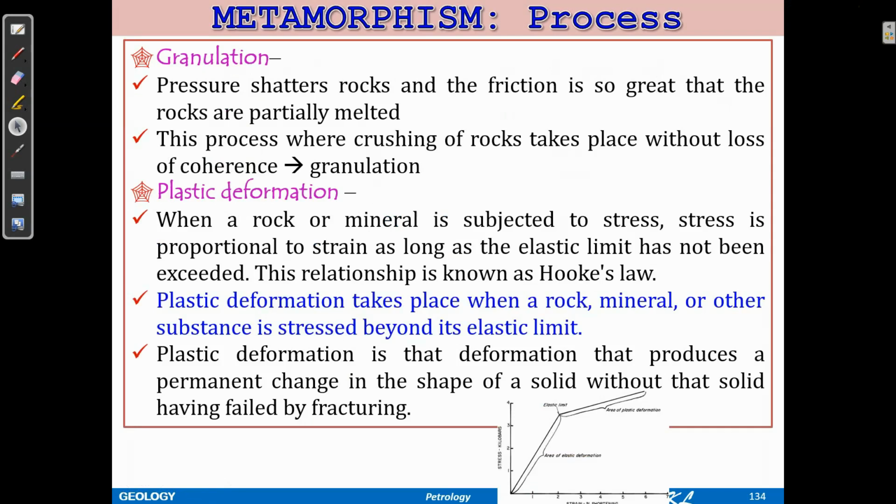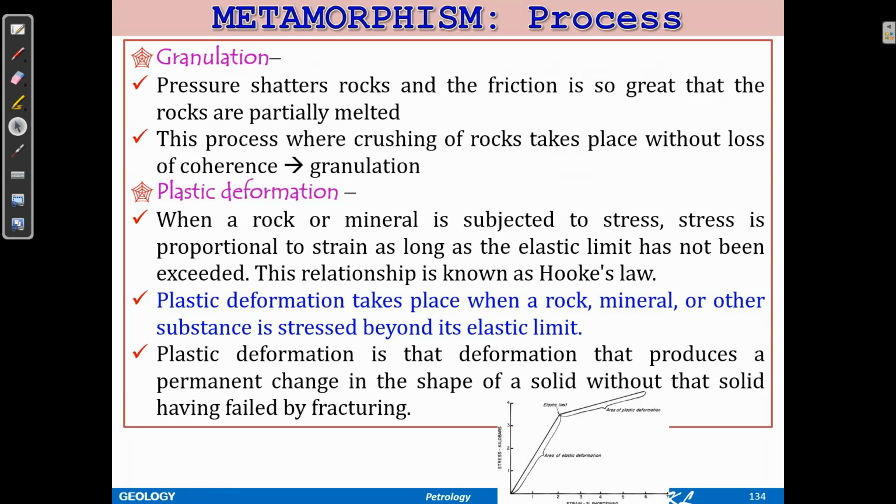The pressure is shattering the rock, making smaller fragments, and along with it, it's also melting the material. So what do we need for metamorphism? A suitable pressure and temperature. In this process, when the pressure is shattering the rocks, the crushing of rock takes place without loss of coherence.